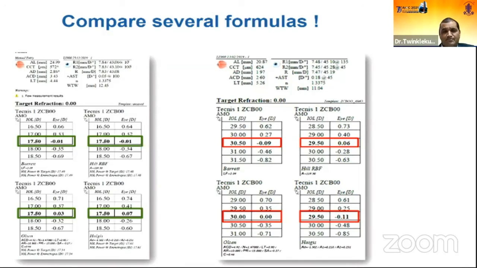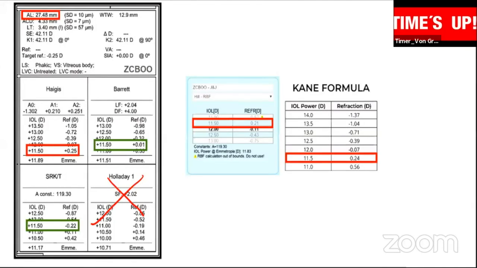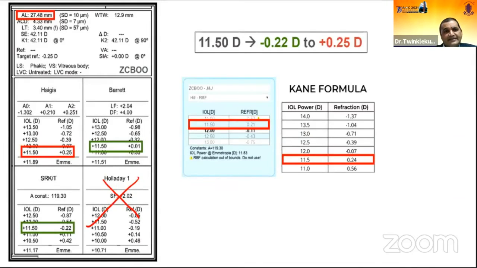Now, how to overcome this? Let's discuss. This is the case where the axial length is 27.48. When we go for the calculations, the Barrett and SRK/T give a reading of 11.5, nearly for all the formulas. When you consider emmetropia, it gives a range between minus 0.22 to plus 0.25.